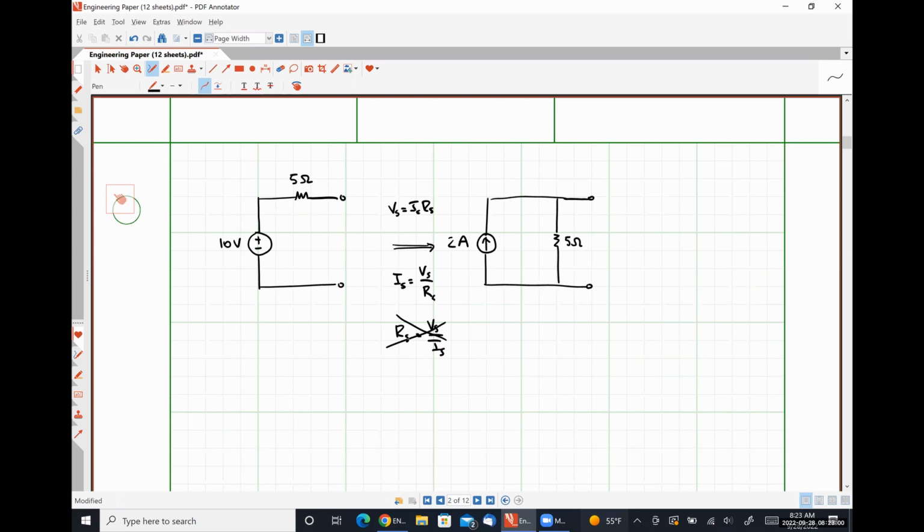Okay. So we can go back and forth between these two different forms if we follow this simple rule, which is just based on Ohm's law. And we have to pay attention to the fact that the positive polarity terminal of the voltage source corresponds to the direction that the current source is pointing in, okay?